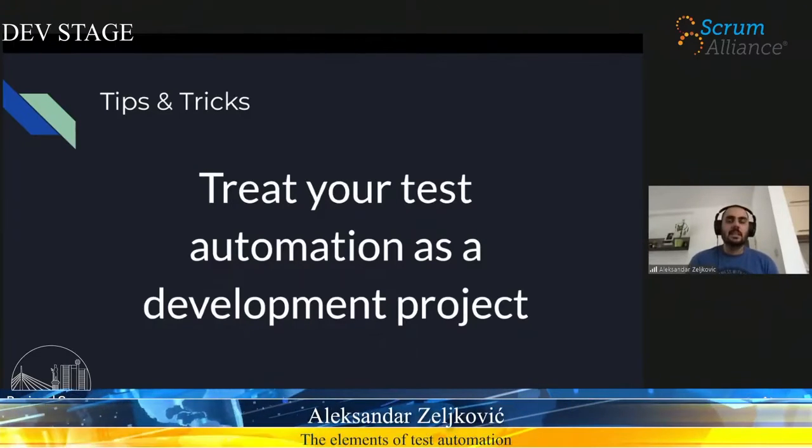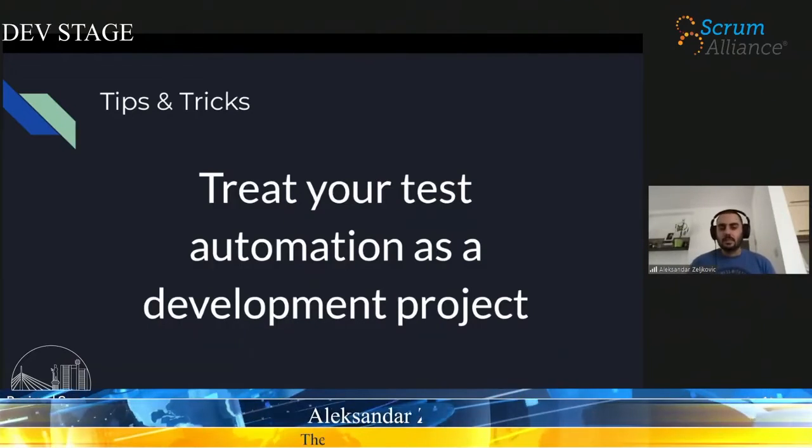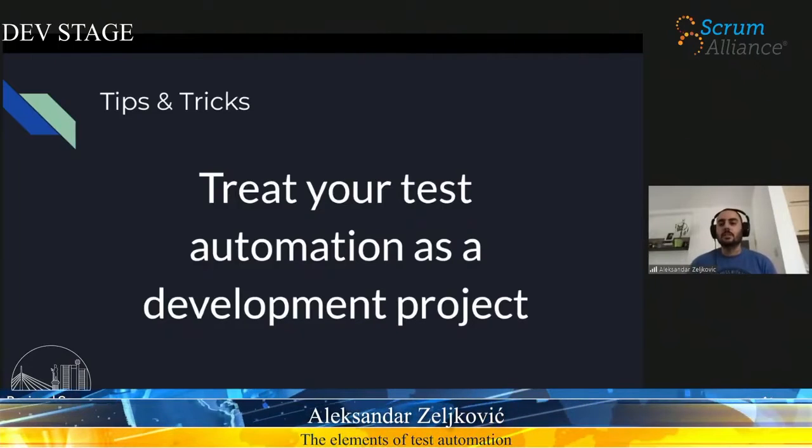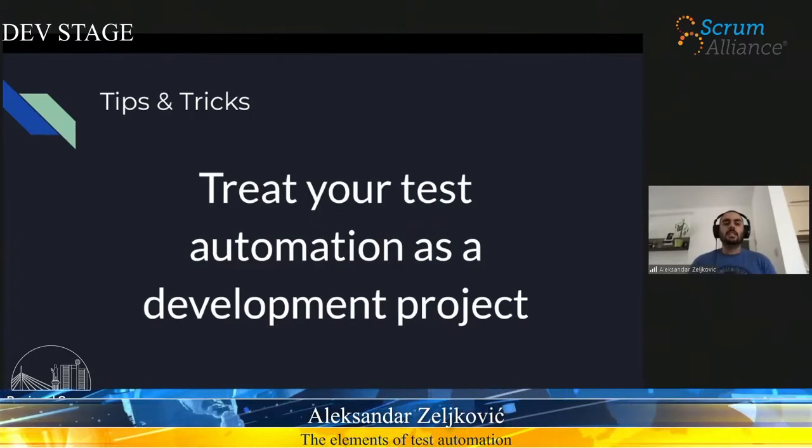What does this mean? You need good coding practices. You need to implement coding standards, version control, good coding design patterns, good test automation design patterns, and similar. If you want stable test automation, and if you want your test automation to bring money and value to you, you need to treat it in a proper way, since otherwise you will have issues with your test automation.